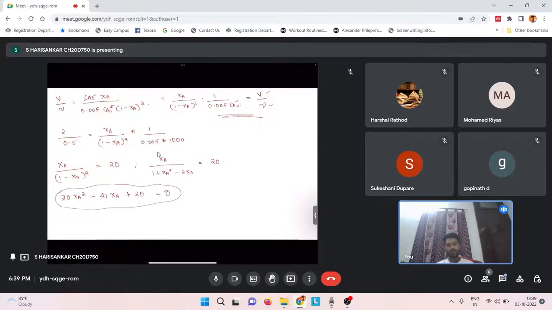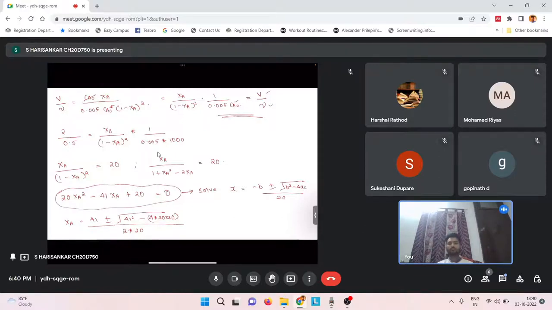This is our quadratic equation, and we can solve it as Xa is equal to 41 plus or minus root of 41 square minus 4 into 20 into 20, the whole by 2 into 20. The solving method is x is equal to minus b plus or minus root of b square minus 4ac by 2a.